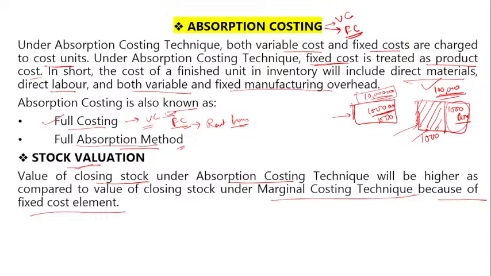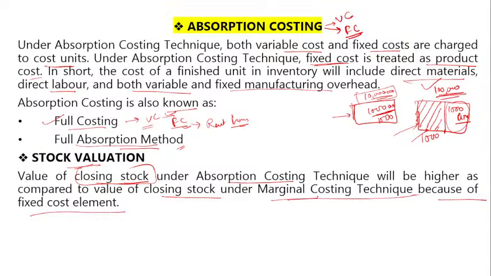So in absorption costing, the valuation of stocks is on the basis of the closing stock, and the value of the closing stock under absorption costing is higher as compared to the closing stock under marginal costing.